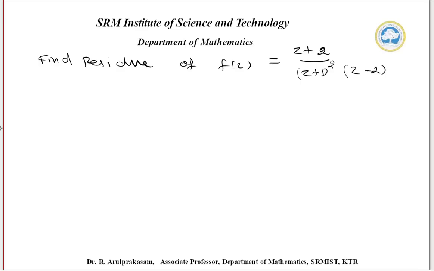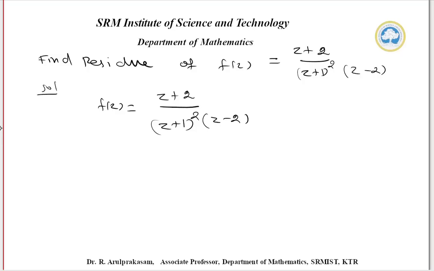So a similar method. What is the problem here? Solution: here I have to mention both methods within one problem. It has a simple pole and a pole of order 2, right? So what is the function here? My function f of z is nothing but z plus 2 divided by z plus 1 whole square into z minus 2.